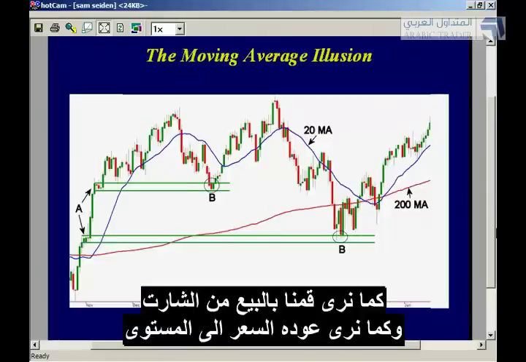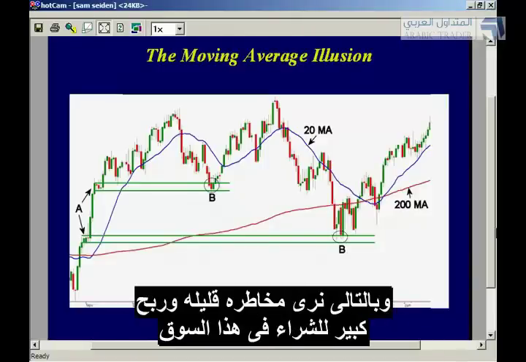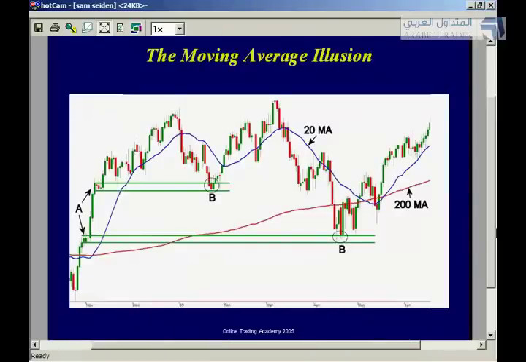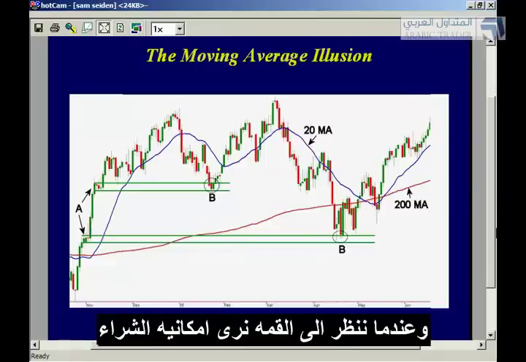All right, so now on this chart, notice the first pullback in price, those areas B. When price comes back into those levels, those are obviously the low risk, high reward times to buy into the market. However, look at that top B there.